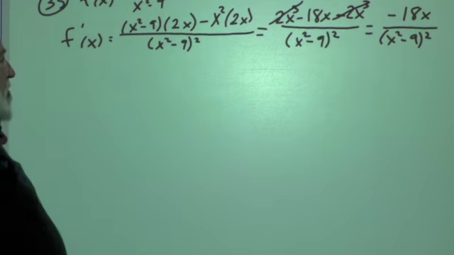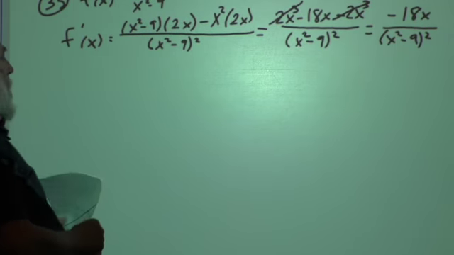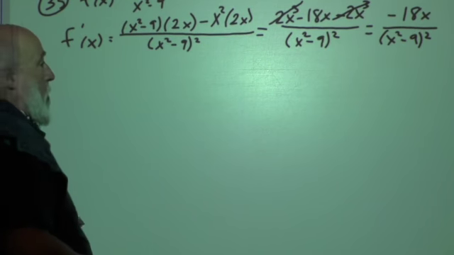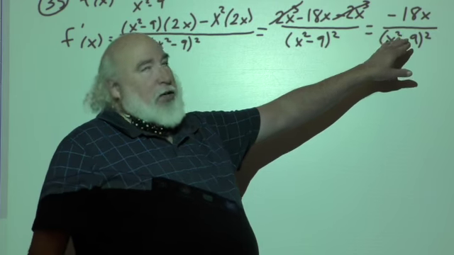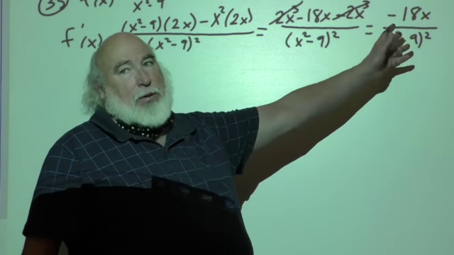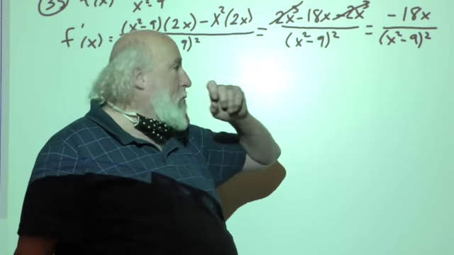Now to find my values of c, I set that equal to 0. Well, first of all, if this becomes 0 down here, then we're going to have critical points because we're going to have a vertical slope there.